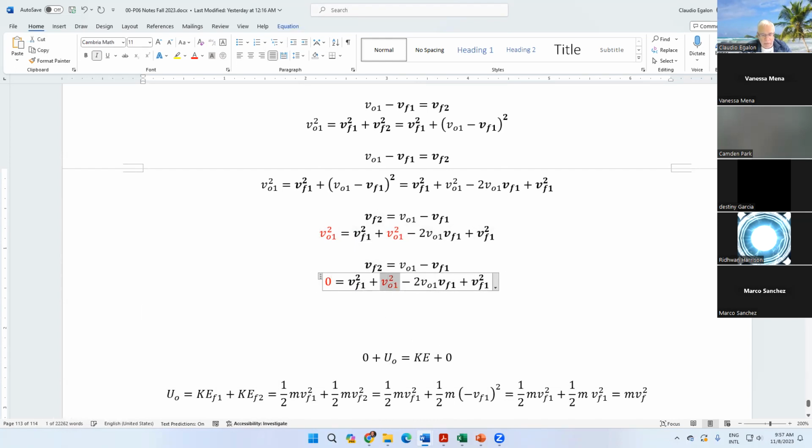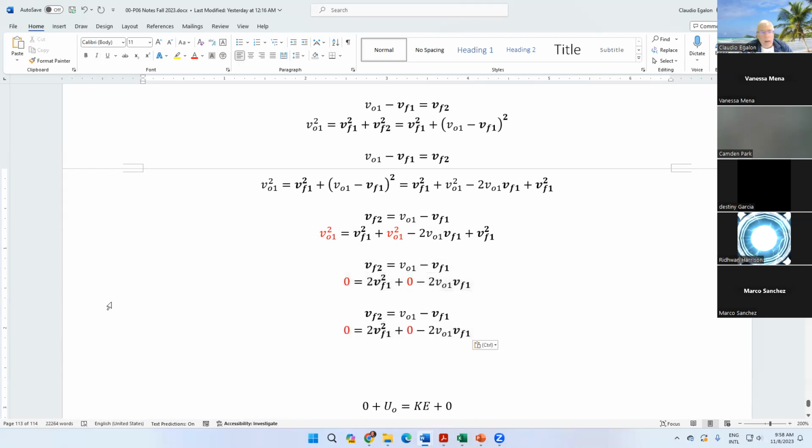This is going to be a 0, right? I will combine the V final 1 with this other V final 1, and we're going to end up with a parabolic equation.